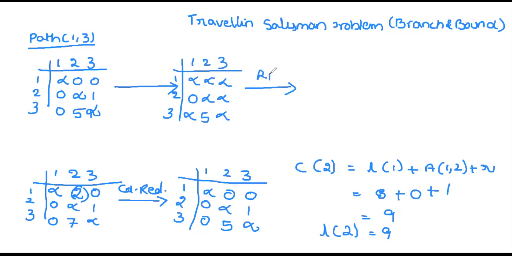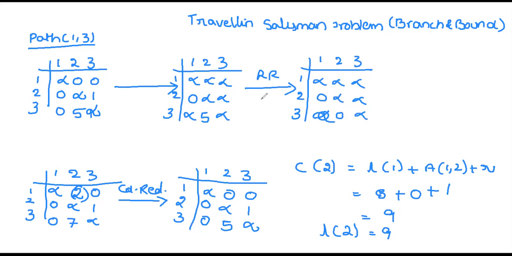After that, we are going to apply the row reduction technique. So 1, 2, 3, 1, 2, 3. Here the first row is infinity, the second row is infinity, and in the third row the minimum value is 5. So we apply row reduction, and the total row reduction is 5. After that we will apply column reduction on this matrix.